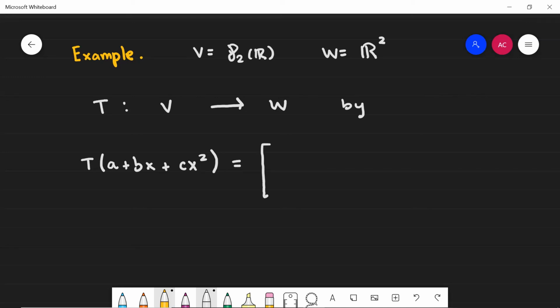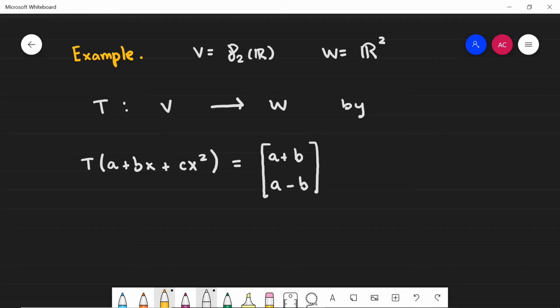The output I'm going to give you is, why don't I do a plus b and then a minus b over here. Yeah, we won't make it too difficult here. So it's just a plus b, a minus b.